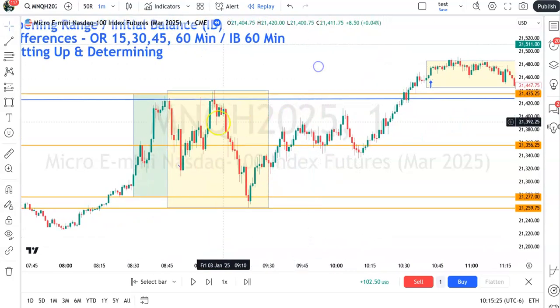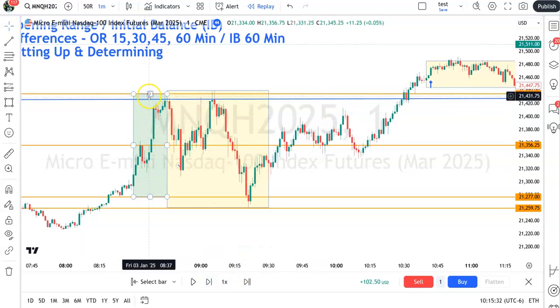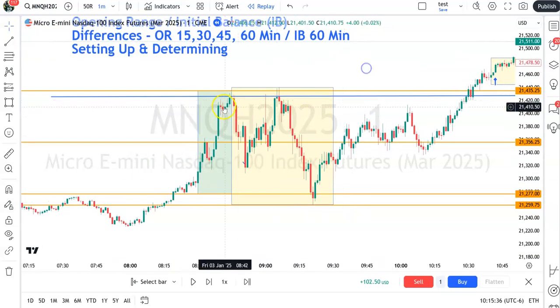Okay, so you can see here, we established our initial range, 15-minute. That's what I established as my first initial opening range. That's the green box. Snap top, bottom, and middle. Okay?